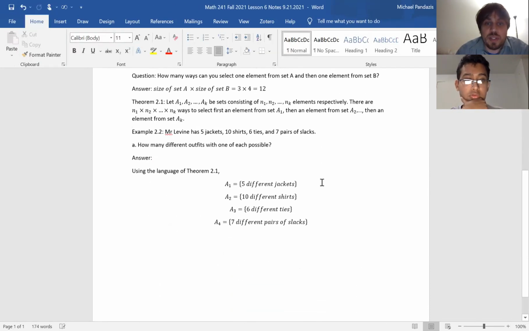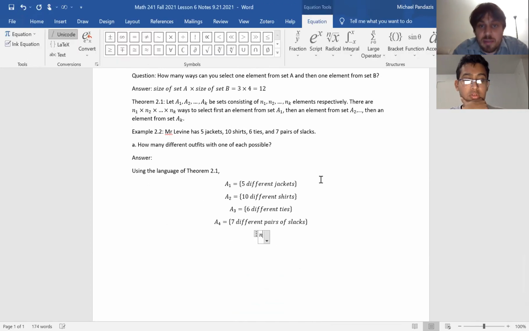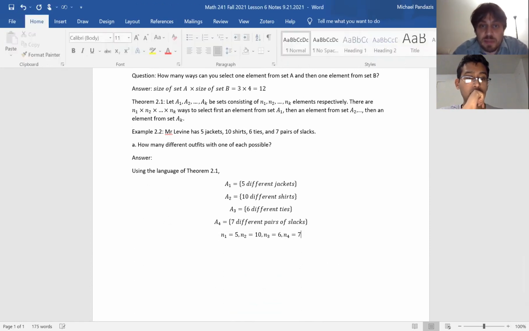And so we have our 4 sets, A1, A2, A3, A4, and that means that N1, which is the size of A1, is 5. N2, which is the size of A2, is 10. N3, which is the size of A3, is 6. And N4, which is the size of A4, is 7.